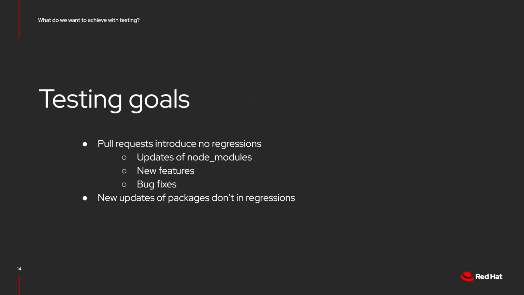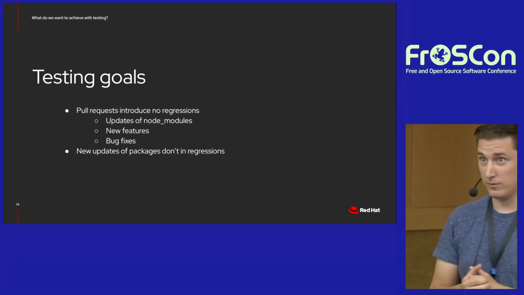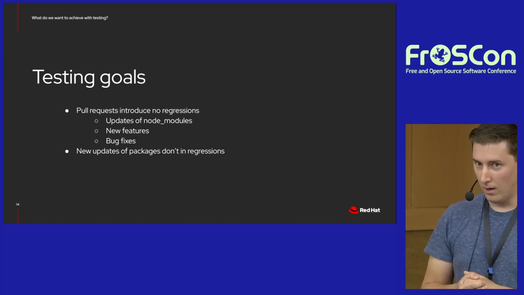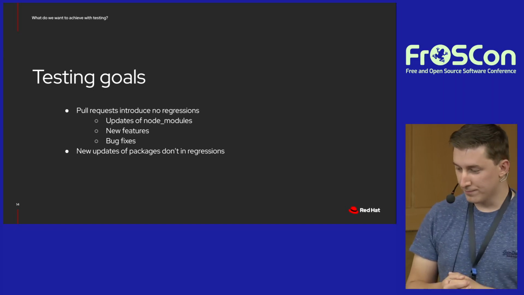And now we roll into testing. So as you can see, we have quite a lot of distributions to support, and we have some goals we want to achieve when testing. So when somebody introduces a change or a bug fix, we want to run those tests on everything we support.